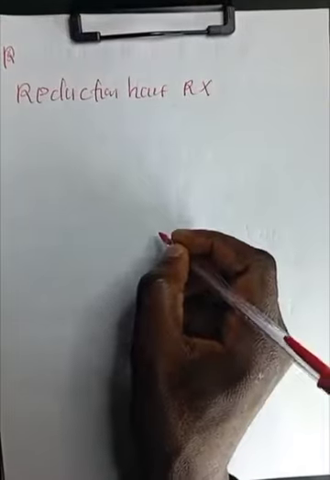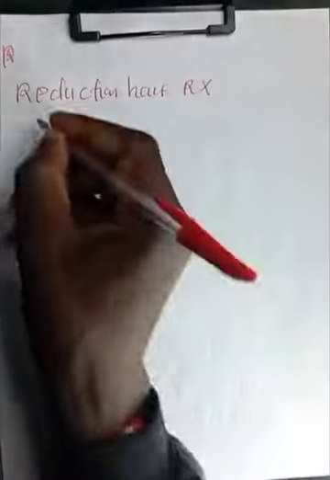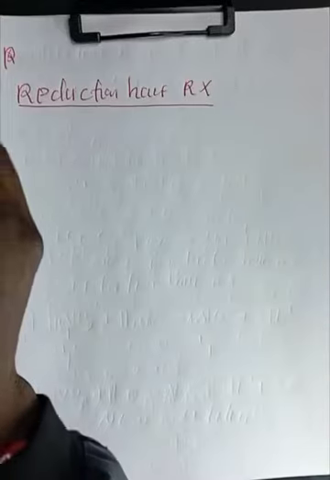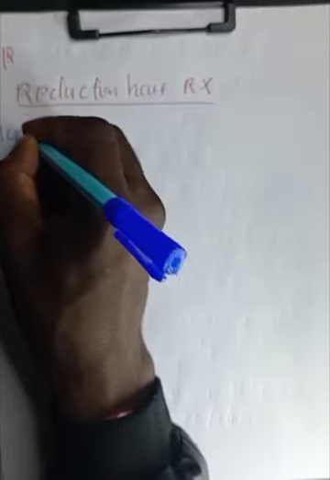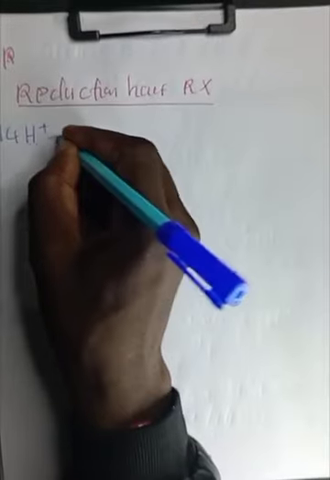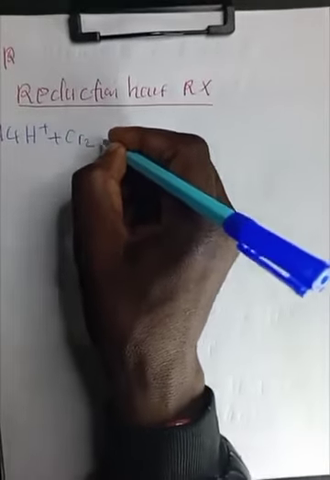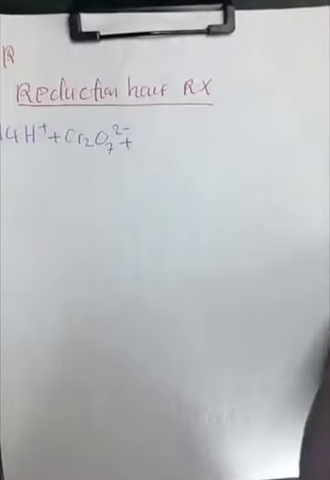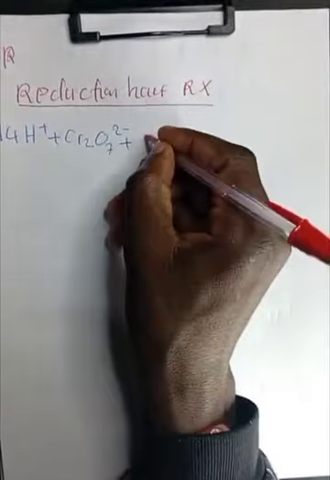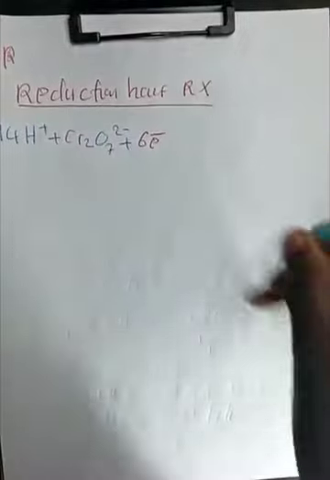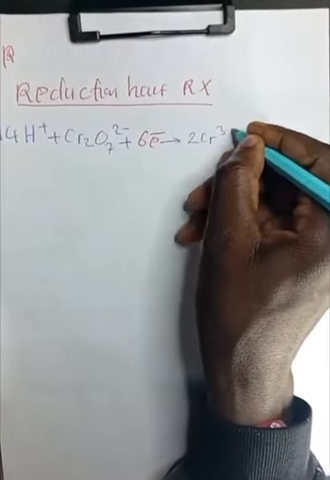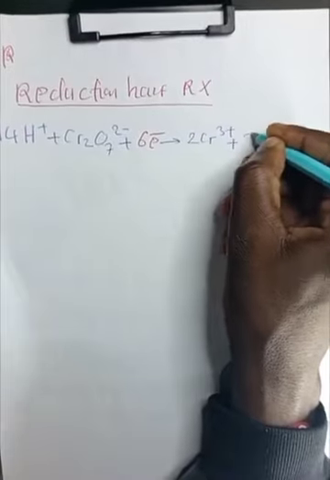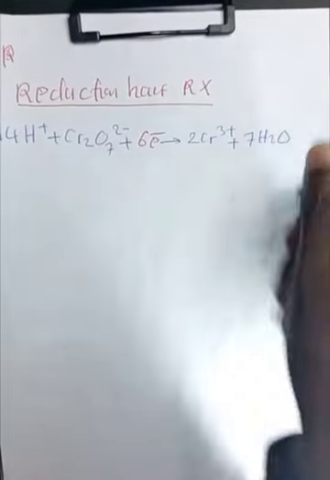So when I write Rx, I mean reaction. Yeah, we have 14 hydrogen ion plus Cr2O7 minus there, then plus 6 electrons, right? So 6 electrons, then we are getting this side 2Cr3 plus, then plus 7H2O.